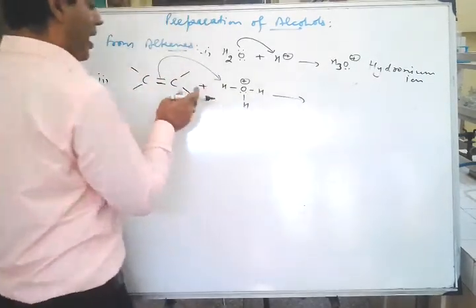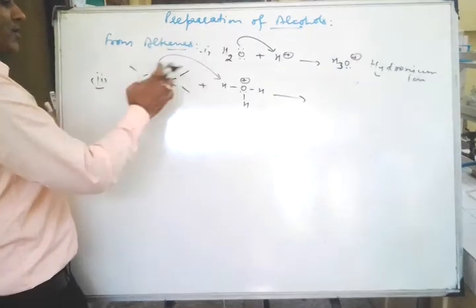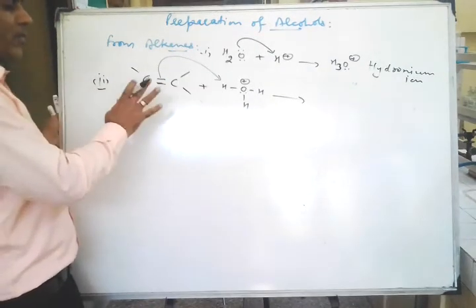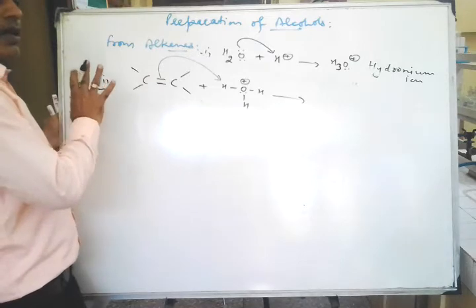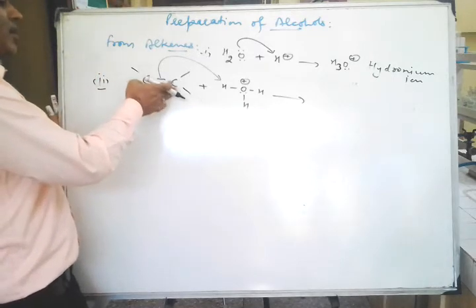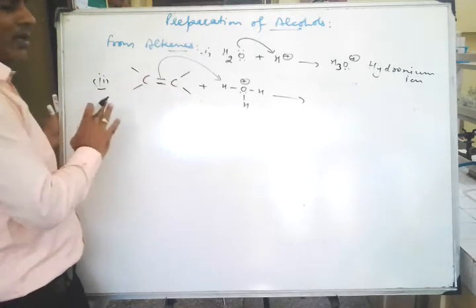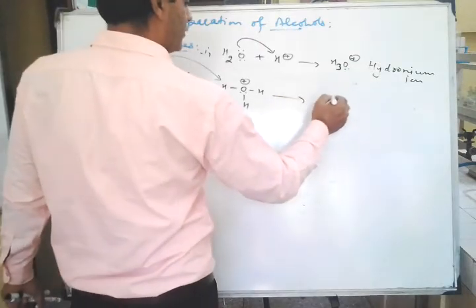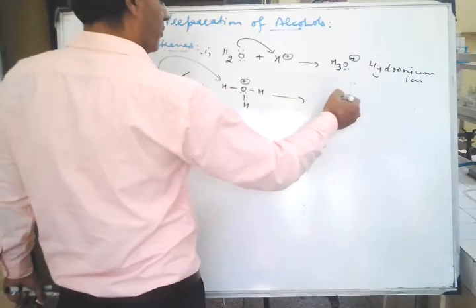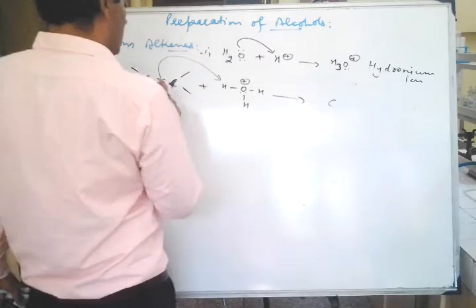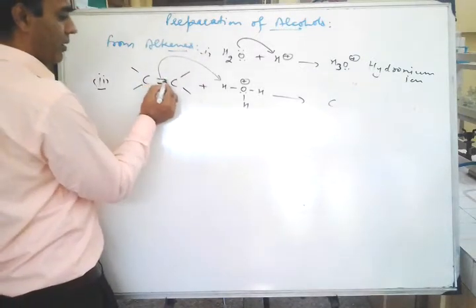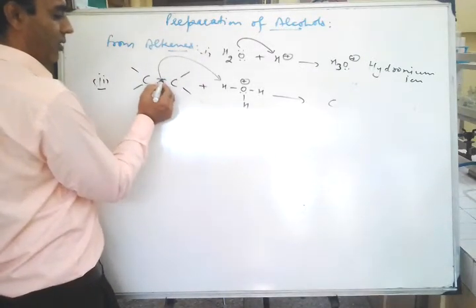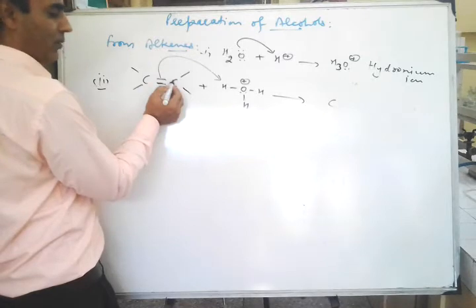So you can add H plus ion here, you can add H plus ion here, because this is the simplest alkene, this is a part of the alkene, so you can add H plus ion either on this carbon or this carbon. So what can you do? Suppose the double bond breaks and its electrons go over this carbon, then this carbon acquires negative charge.